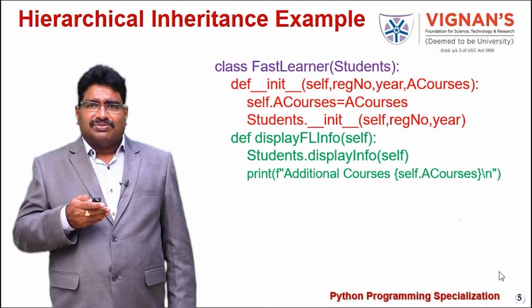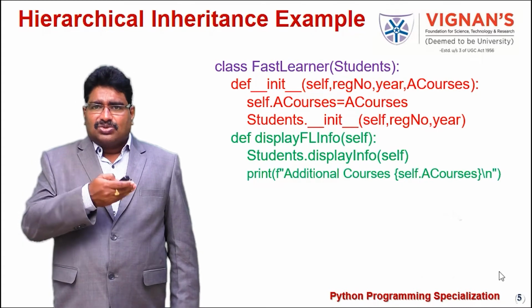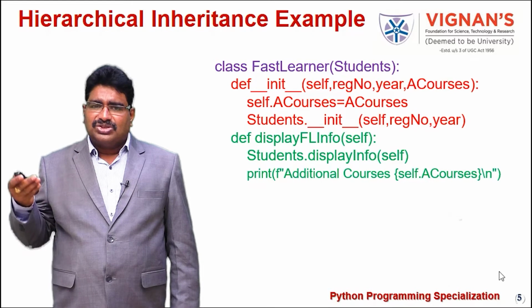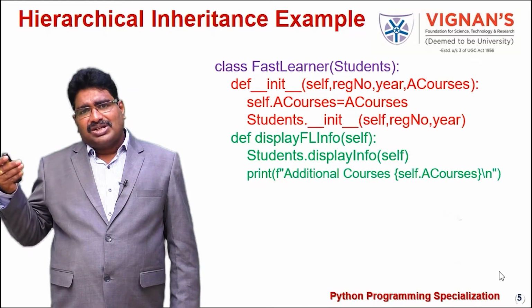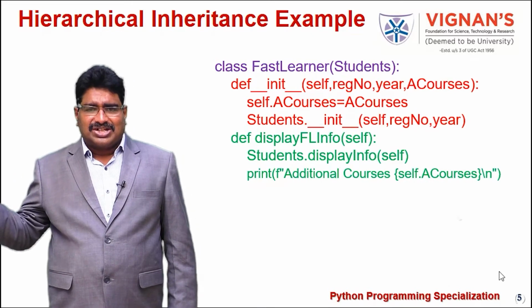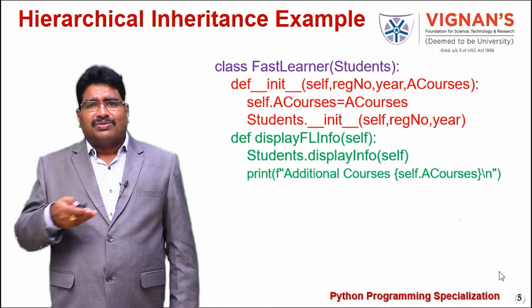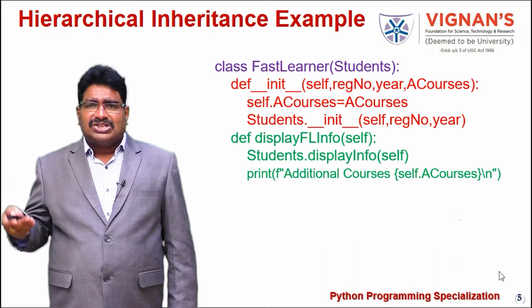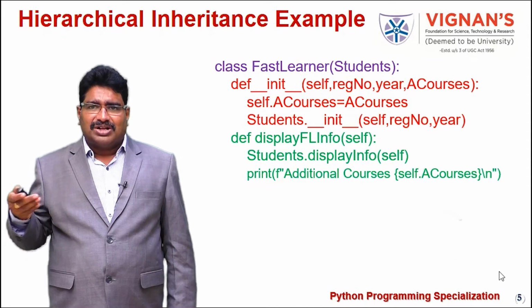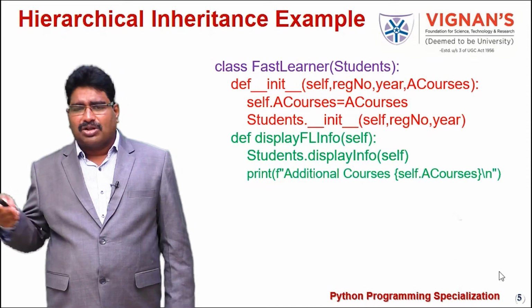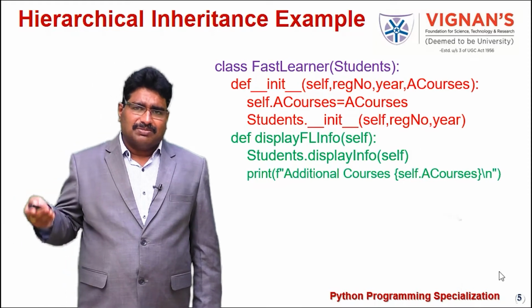Here we simply call student.display info, which displays which year the student is studying, whether second year, third year or final year. In addition, we print the additional courses he is studying, either C programming language, Python or machine learning.